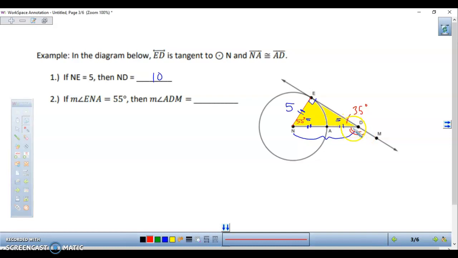Then angle EDN and angle ADM are a linear pair, and by the linear pair postulate they have to add to 180 degrees, which makes 145 degrees for angle ADM. So that problem was pretty easy once we drew that radius, marked it congruent to the other ones, and marked it perpendicular to the tangent.